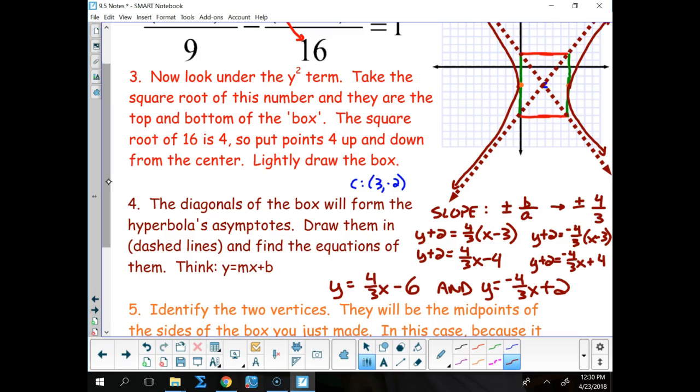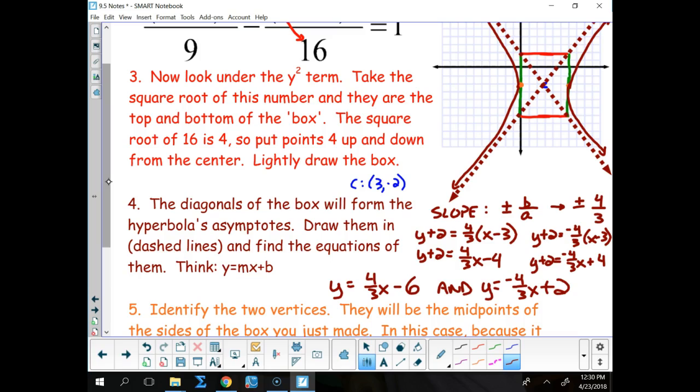On a circle, what would I ask? Radius, center. On an ellipse, what would I ask? Center, foci, vertices. On a hyperbola, what am I going to ask?